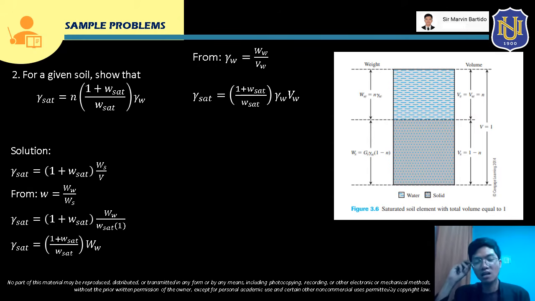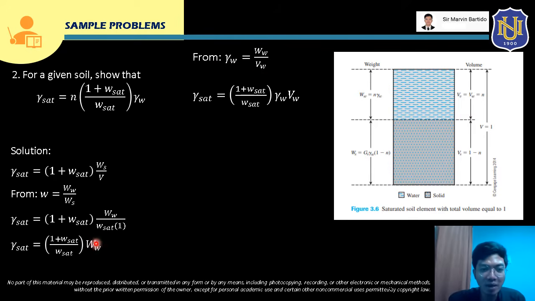Ayan. So, isip tayo, class, ng pwede nating pagkuhanan na relationship na involve yung weight ng water at saka gamma ng water. Eh, di ba, class, yung gamma ng water equal siya sa weight ng water over volume ng water. So, pwede natin gamitin ito. Tama? So, yung gamma water equal yan sa weight ng water over volume ng water.